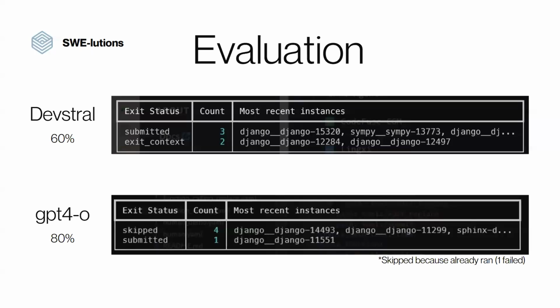But we were able to test some test cases of the SWE-bench dataset that are really real-world issues, for example, from Django or from SciPy, and it was able to solve 60% of those. And we also tested with GPT-4o, and it actually gave a better result, which was around 80% solved.